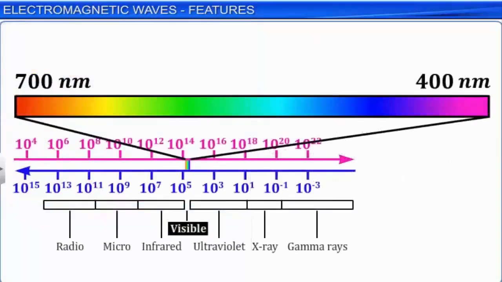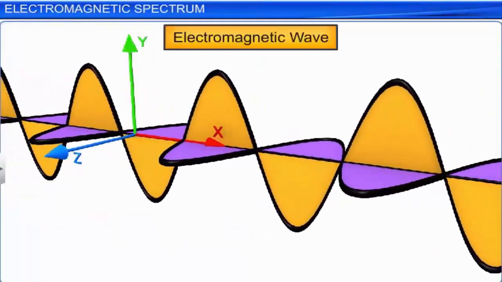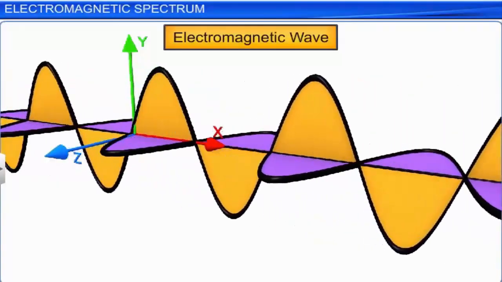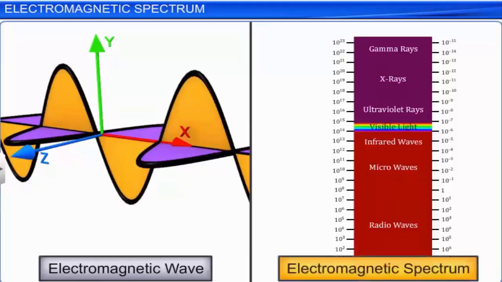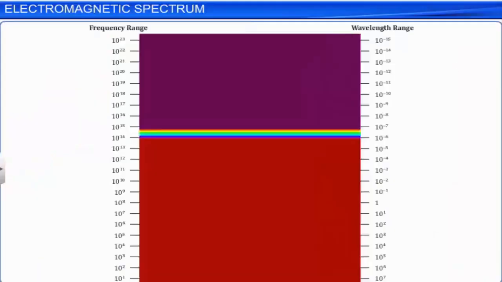There are different kinds of electromagnetic waves in nature. The arrangement of these electromagnetic waves in accordance with their increasing or decreasing order of frequency or wavelength is called the electromagnetic spectrum. The electromagnetic spectrum broadly contains 7 different kinds of electromagnetic waves.